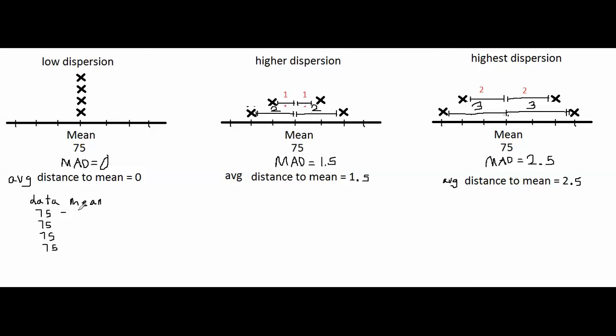So remember, you have to subtract each value by the mean. When you subtract each data value by the mean, the answers are called deviations. To get the MAD, you have to go one step further and create a column of absolute deviations.